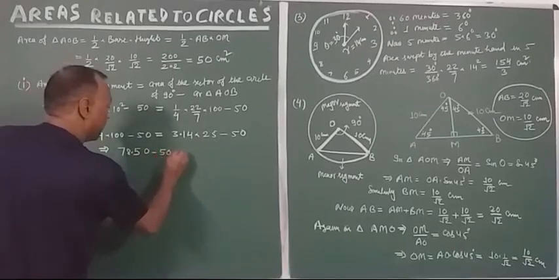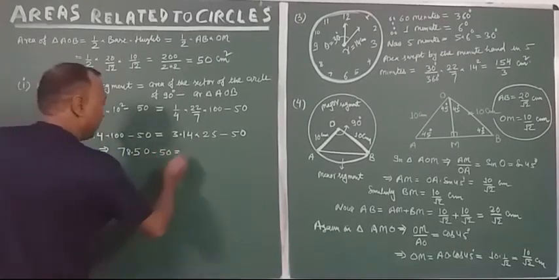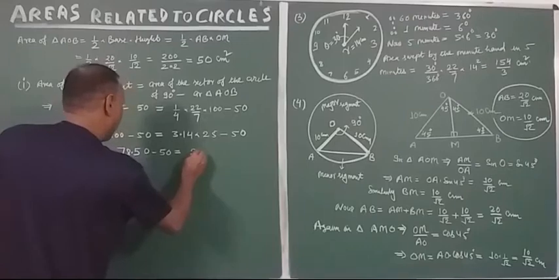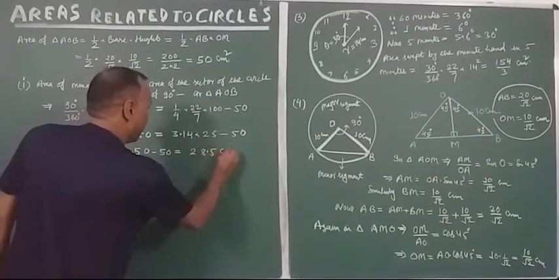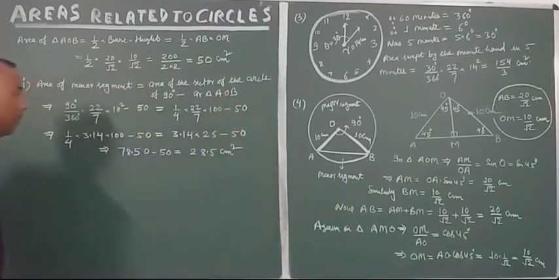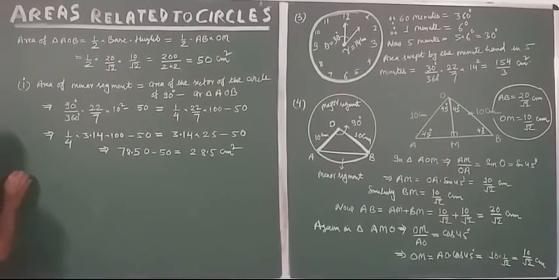So when you subtract it, this will become 28.5 centimeter square. What is the area of minor segment? That is 28.5 centimeter square.